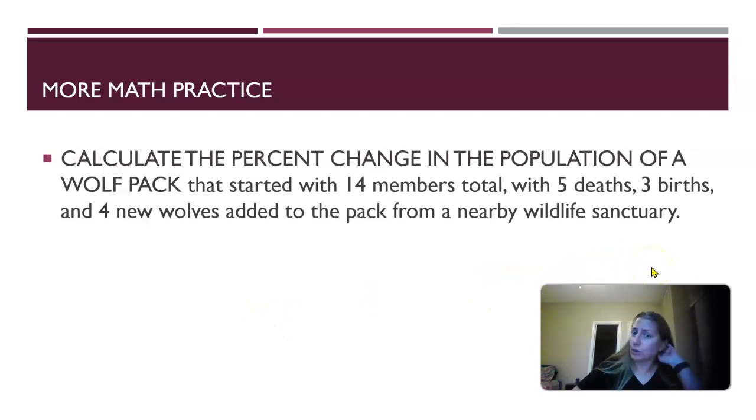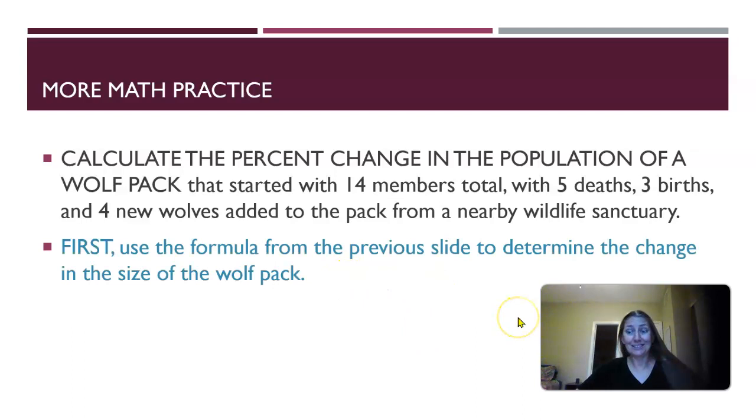So think for a second what you would need to do to calculate percent change in the population. The first thing you're going to need to do is actually use the formula that was on the previous slide. But that's not the formula for percent change, but we need to use this formula first to see what our current population in the wolf pack is.